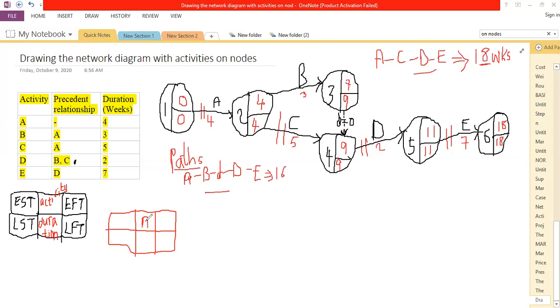Activity A here, with its duration from the project, equivalent to 4 weeks.